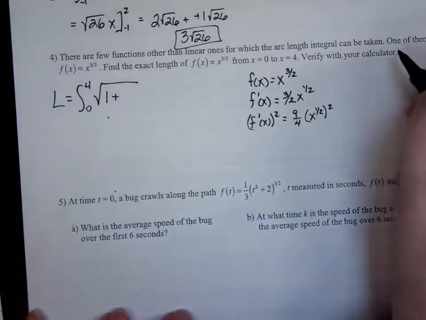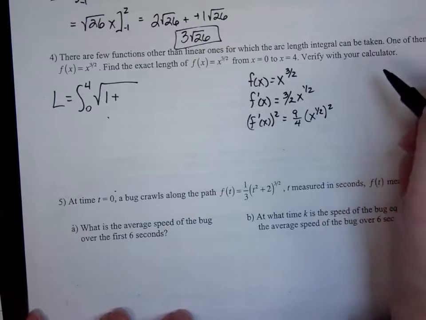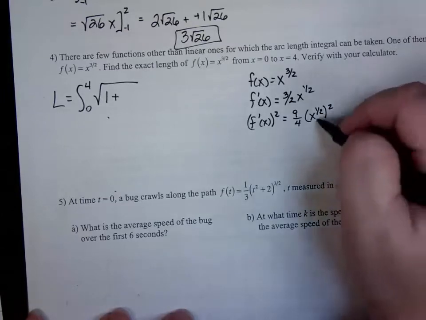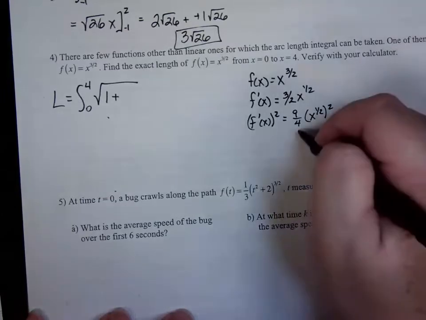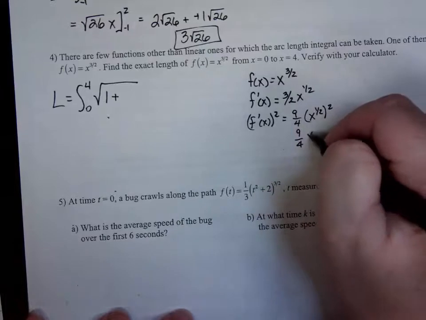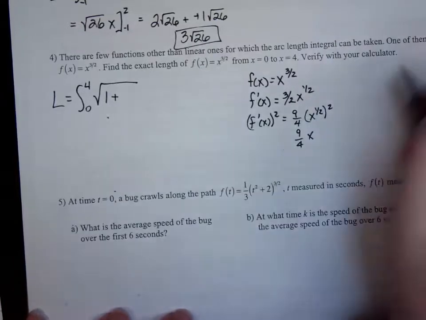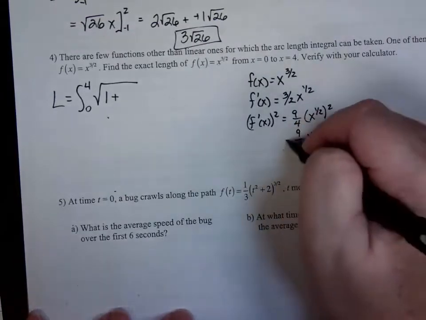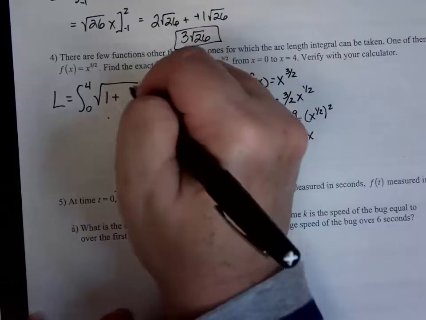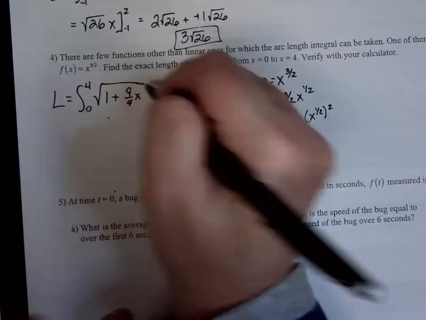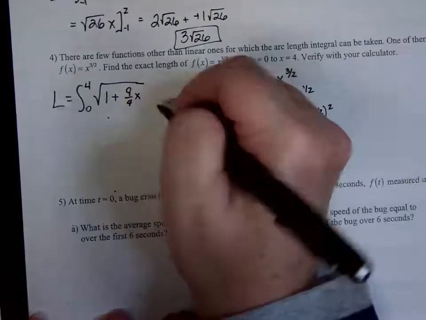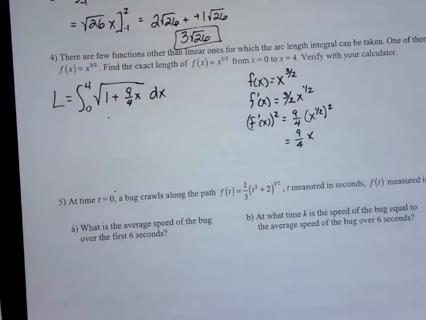And what is x to the 1 half squared? X to the first. So it's just 9/4 x, right? That's why this one comes out so nice. So 9/4 x goes in that radical with dx on the end, because I've already squared it. Please keep track of when you square it.